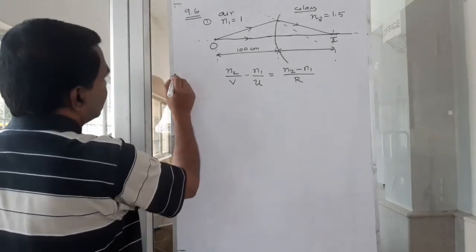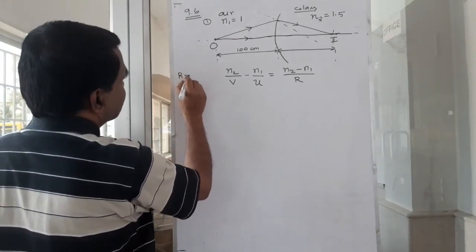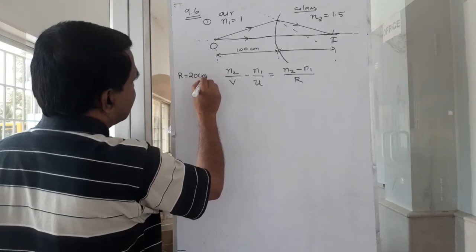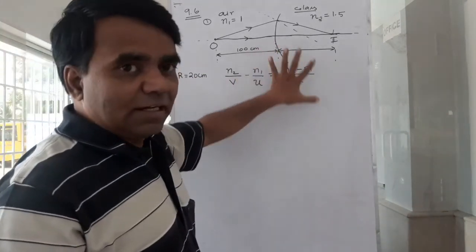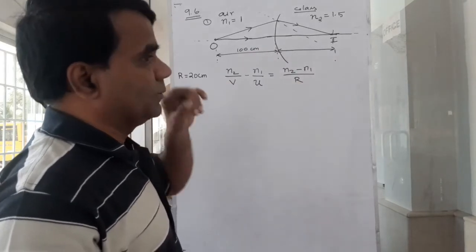What is R? The R value is given already. R value is actually 20 centimeters. That's the radius of curvature. So you got everything here. You just need to find V, right?